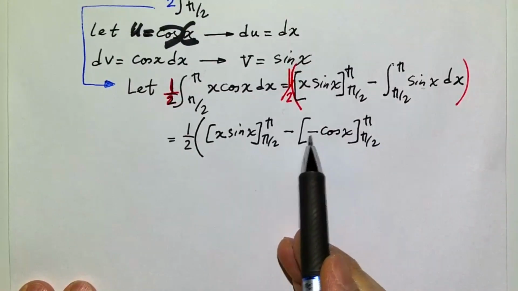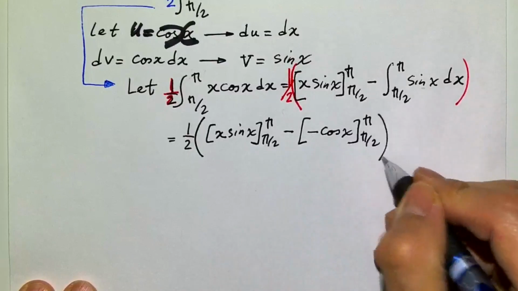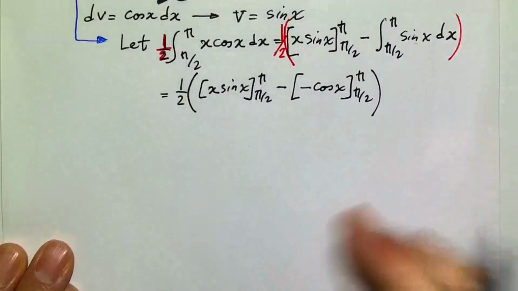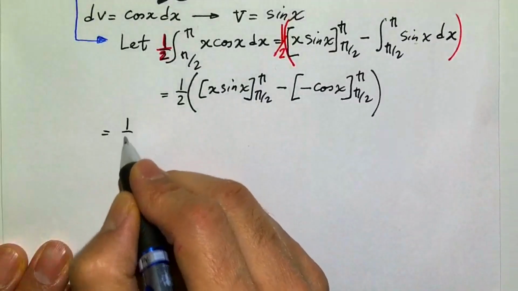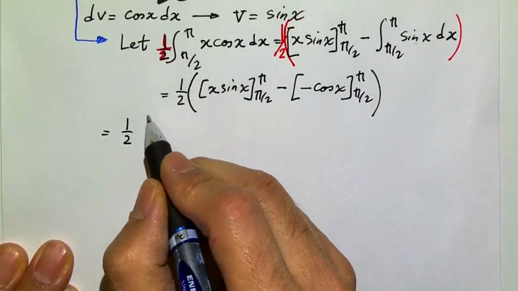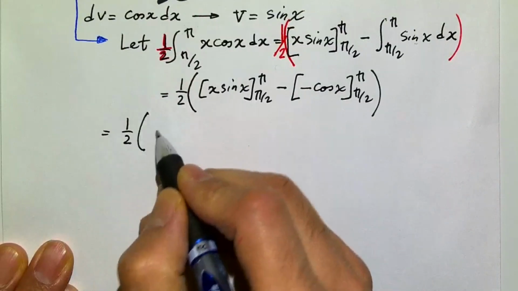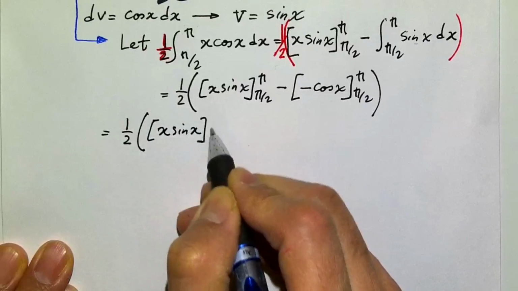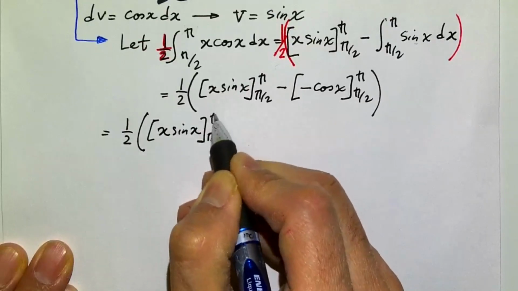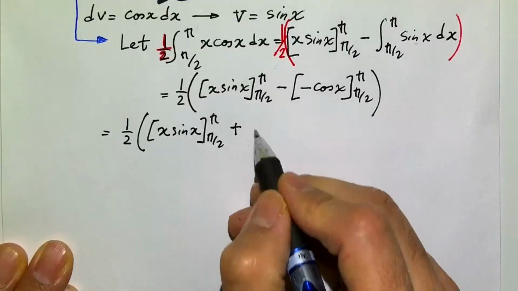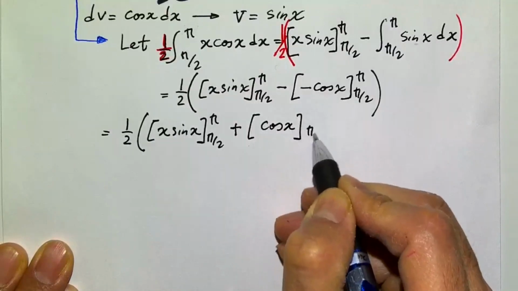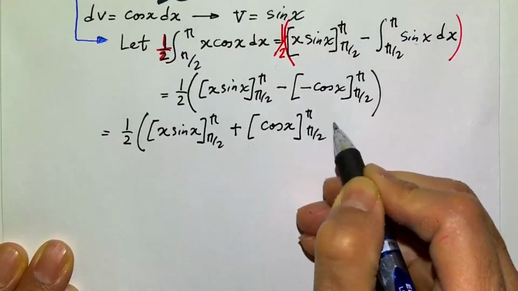And of course, this minus times that minus will give us a positive there. So let me also account for that. So we have 1/2 times x sine x from pi over 2 to pi plus cosine of x from pi over 2 to pi.